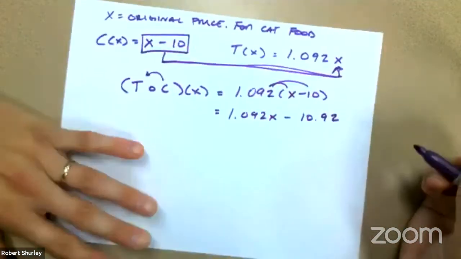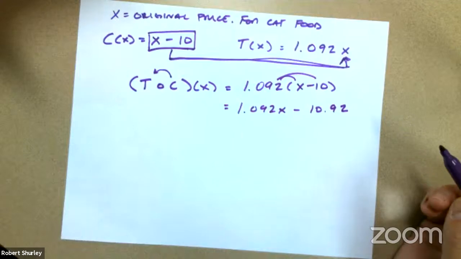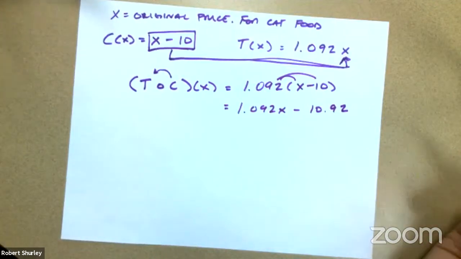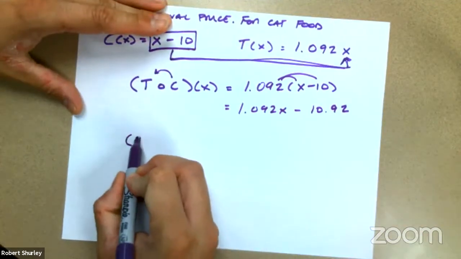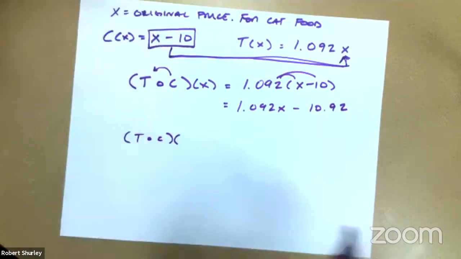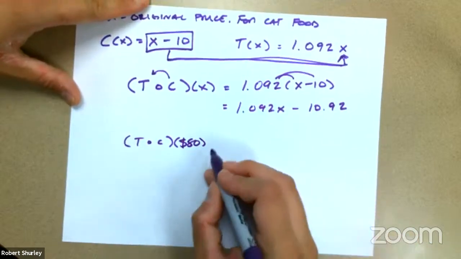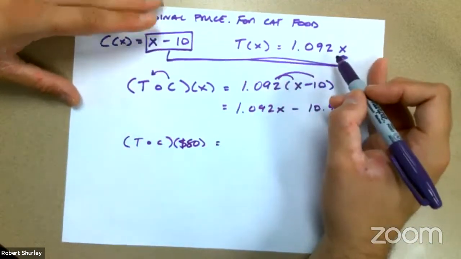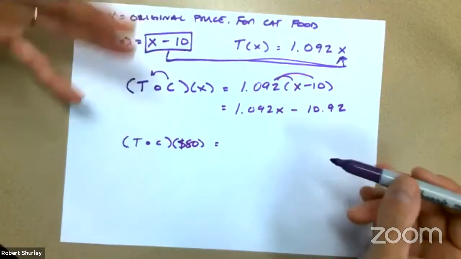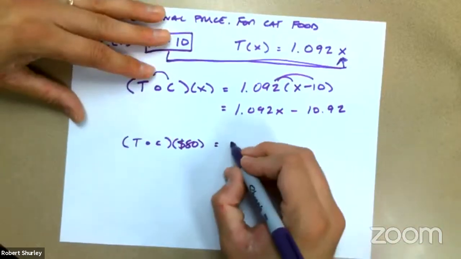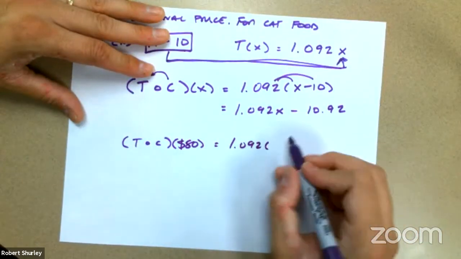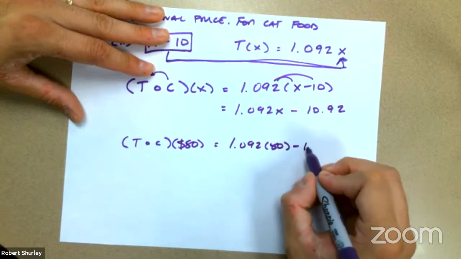Okay. So let's say we trot up to the Walmart or All Pet or whatever, and it turns out the original price for this cat food, a bulk cat food, we had to buy a lot of it, was $80. And I've got my coupon. I know what tax is, and I want to know how much am I going to wind up spending in the end. So I'd say 1.092 times 80 minus 10.92.